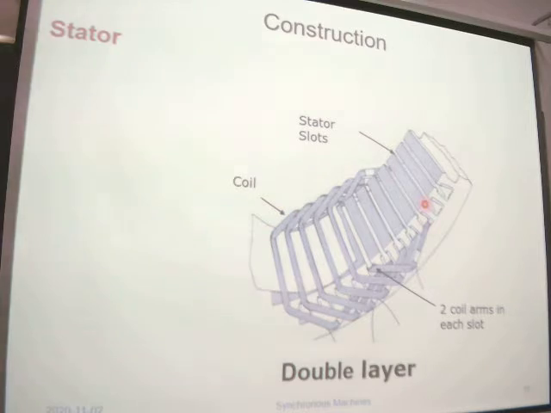But in this one, it's double layer, so in each slot we have two coils. Generally, two is okay. In most applications, they use two layers for better performance.